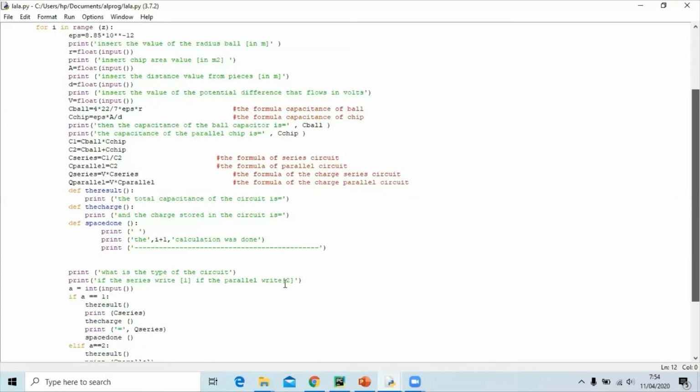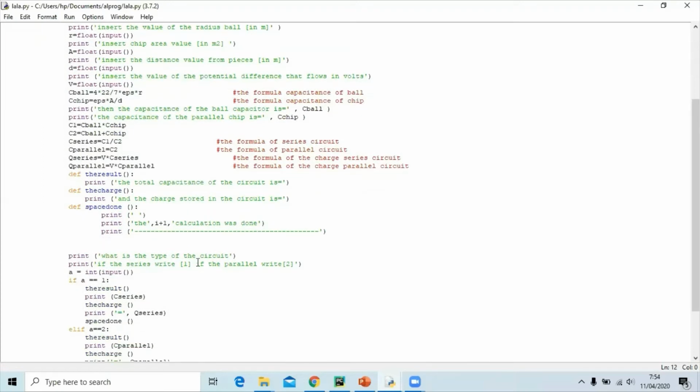And then I print what is the type of circuit, and if the series write 1, if the parallel write 2. And then A equal integer input. Why I use integer? Because integer is just for number 1, 2, 3.